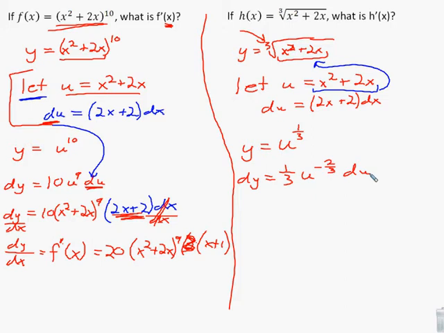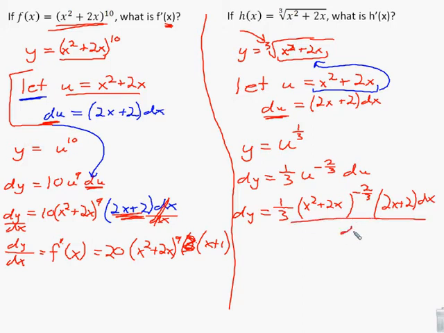So we have dy equals 1/3 u, and u we can plug back in, that was x squared plus 2x, to the negative 2/3 du, and du is right here, so that's equal to 2x plus 2 dx. Dividing both sides by dx gets us dy/dx, which is the derivative.